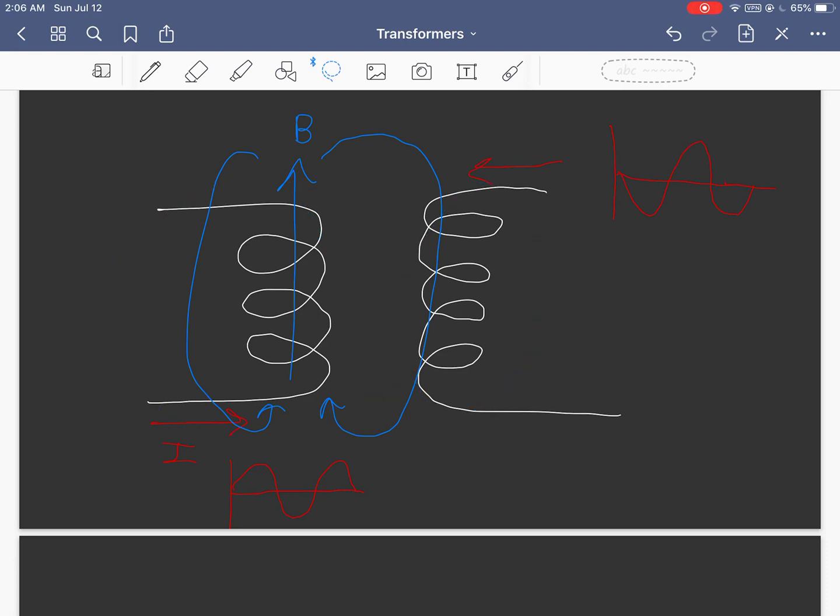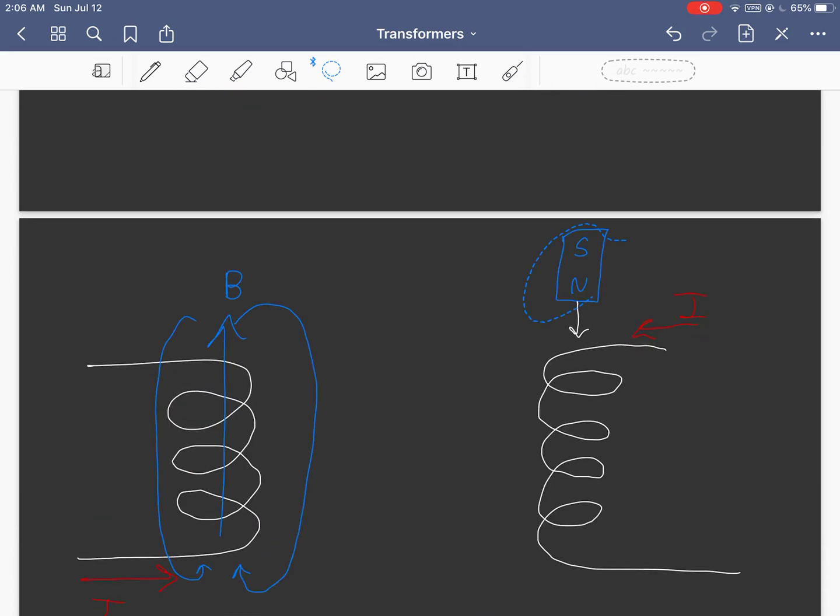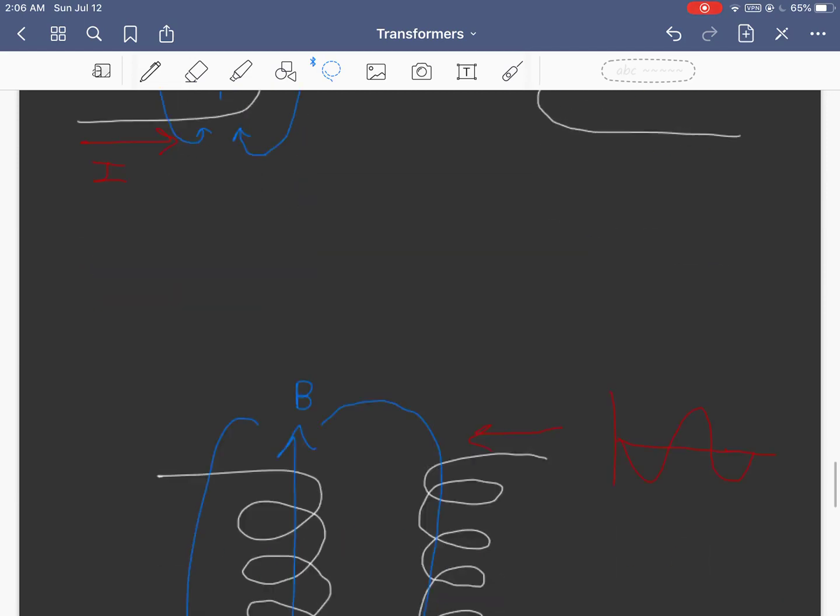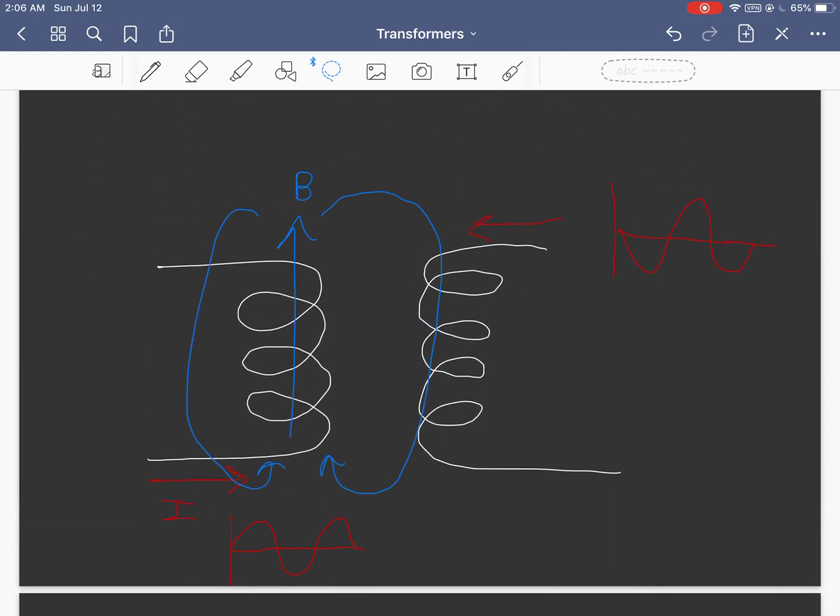Transformers cannot operate with just direct current. You need changing alternating current, because this magnetic field will alternate and flip back and forth. Flipping back and forth, or spinning or moving magnets, will cause current to flow on this other loop.